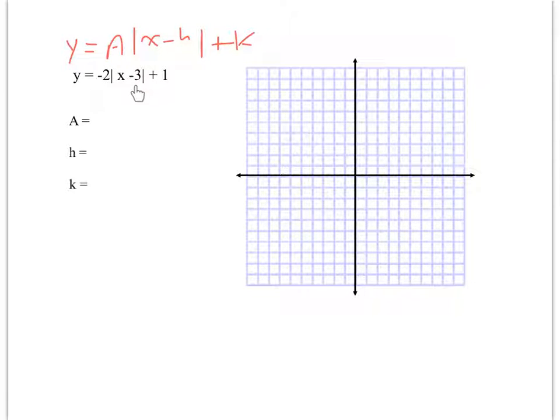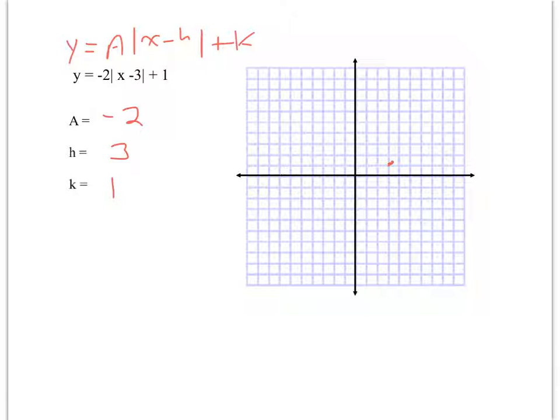My H is going to be positive 3, and H is always opposite of what it looks because it's x minus h, so H is positive 3, and our K is positive 1. So I'm going to write those in real quick. A is -2, H is 3, and K is 1. So I now know my vertex is at 3 comma 1, which is right here.